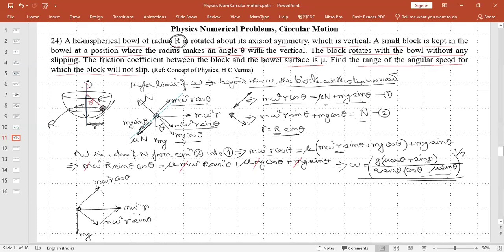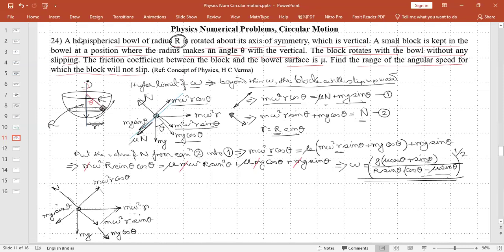And mg also will have two components. One component is down the slope, mg sin theta, and another component in this direction, this is mg cos theta, and this is the reaction force N.